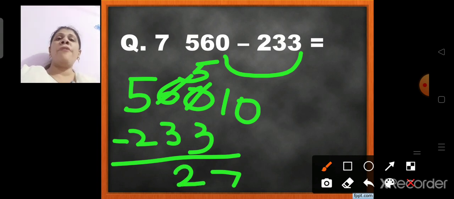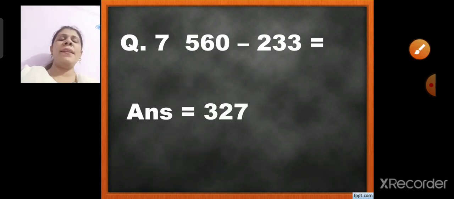So 2. 5 minus 2, after 2, 3, 4, 5. So 3. So when I subtract 560 minus 233, I get my answer 327. See, correct answer, that is 327. Let us move to the next.